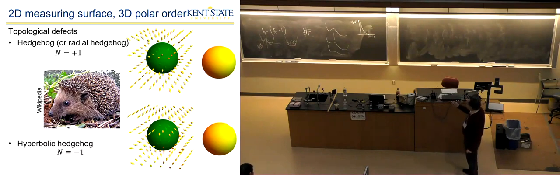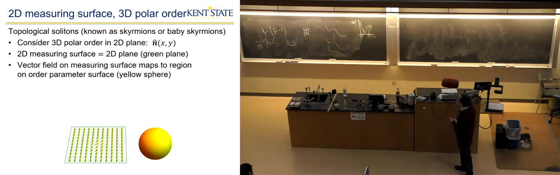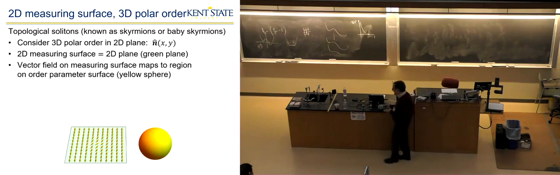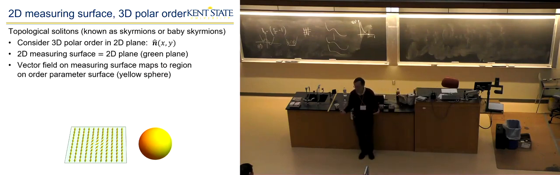So as you sample everything on the green sphere, you cover all the possibilities there, but in the negative way. So this kind of structure has a hedgehog charge of -1. Now, that is the story with defects characterized by a 2D measuring surface.